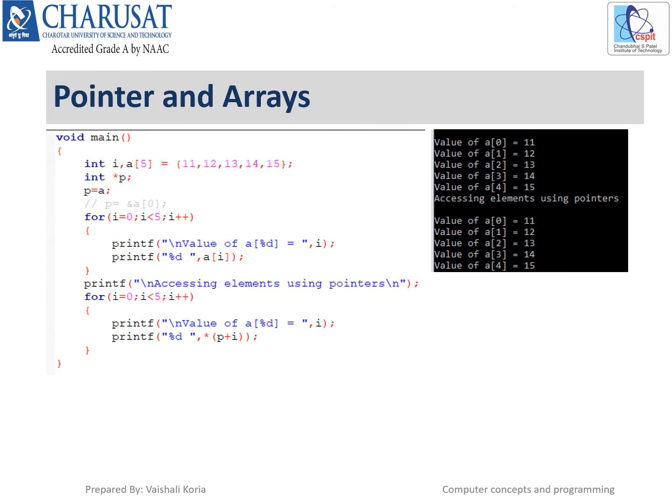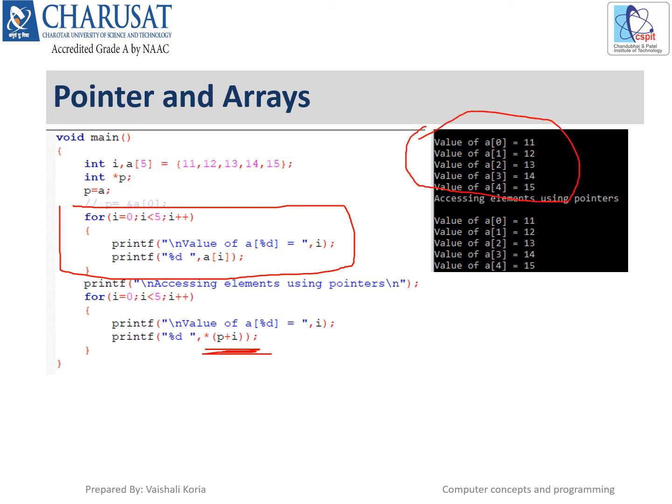Now we'll see the same program, but here we'll print the array elements using this expression. This is the one way of printing the array elements that we all know, so this would be the output. But when you want to print the array elements using pointers, you can write here *(p + i), where the value of i would be from 0 to 4. So when i is equal to 0, p + 0, that means you are printing the first element of the array, a[0].